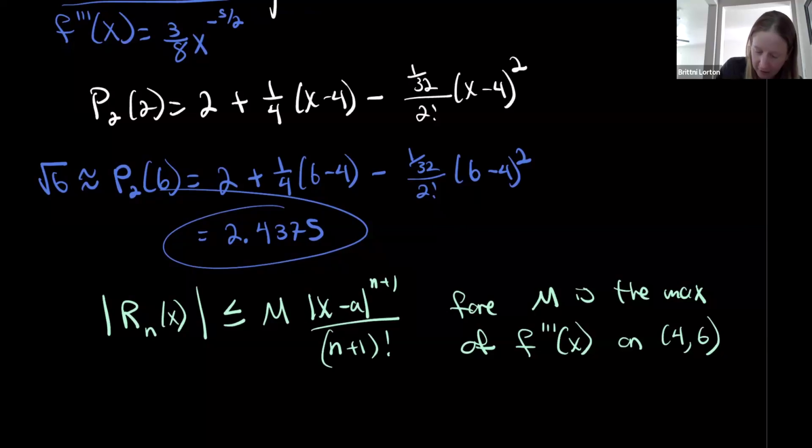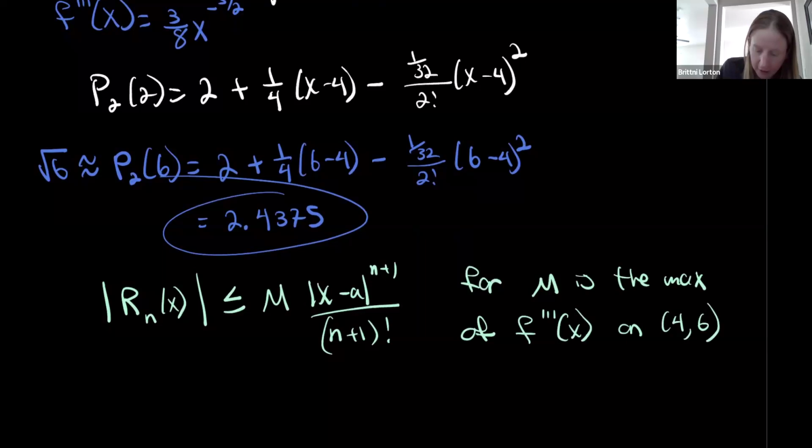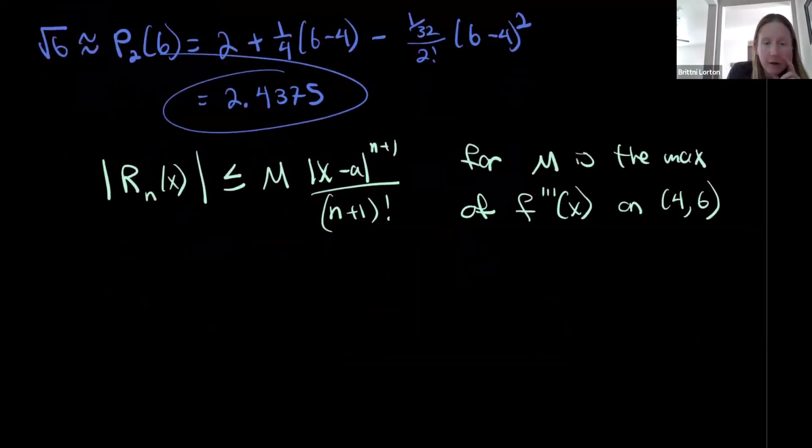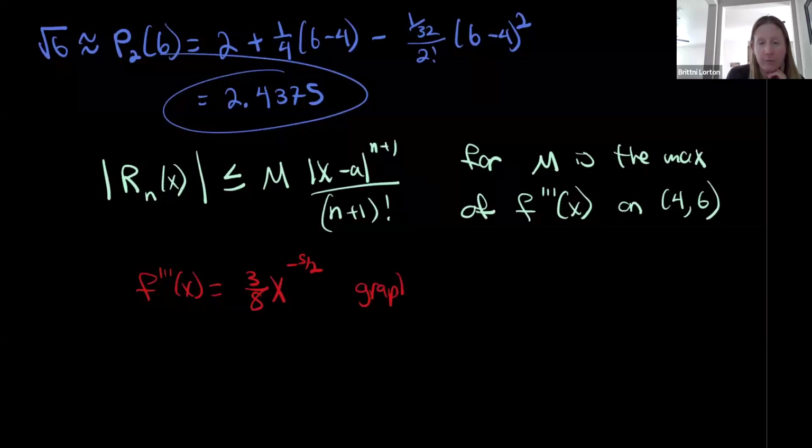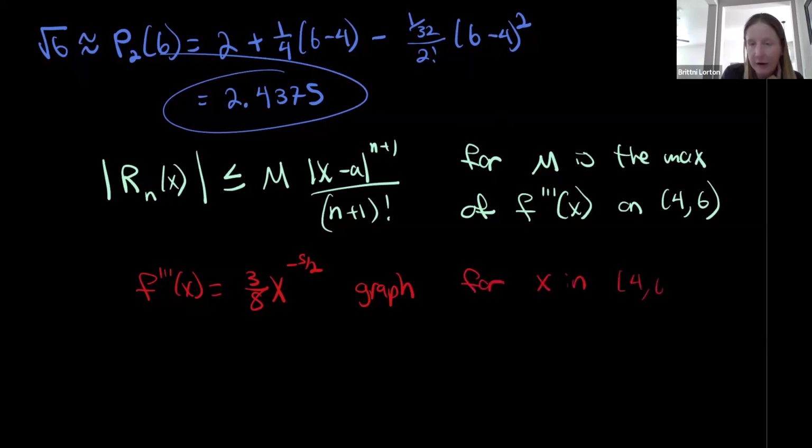Okay, then I'm going to do this. My third derivative, we already calculated it above. It was 3/8 x to the negative 5 over 2. You can go ahead and graph that in Desmos, but only for x in the interval from 4 to 6. Cut it off between only 4 and 6.